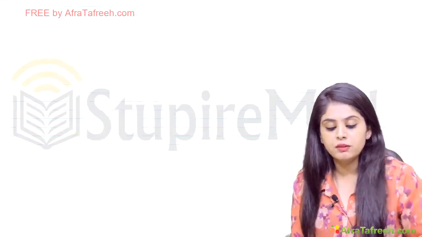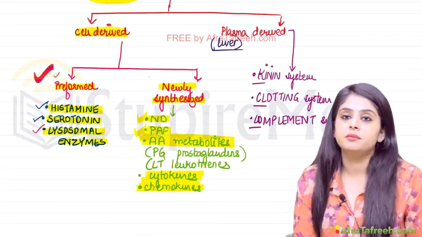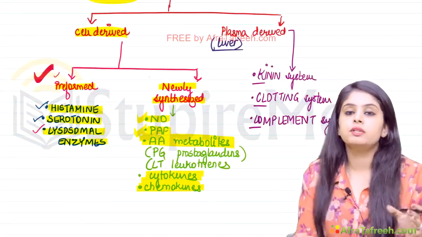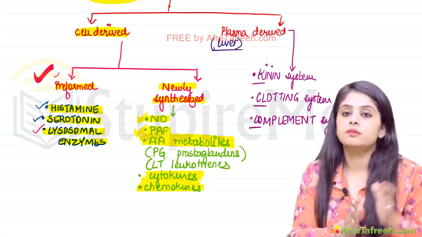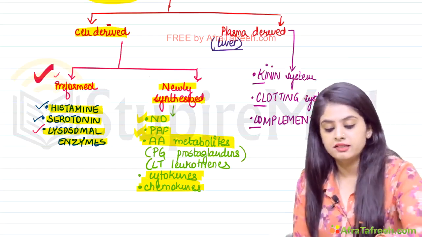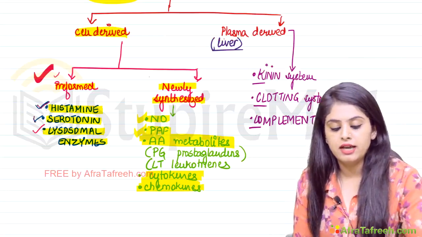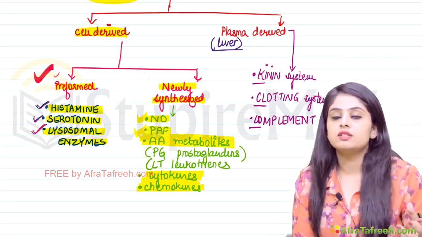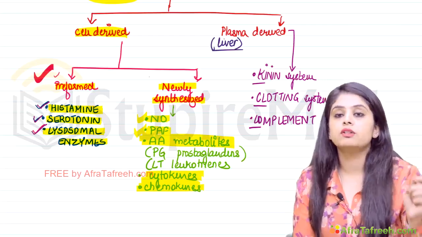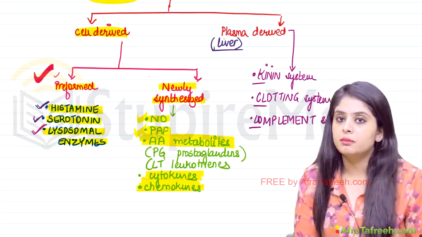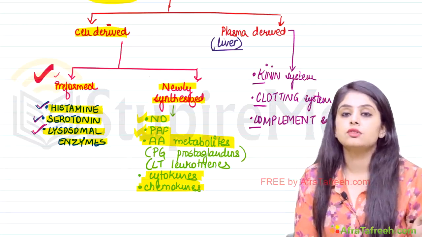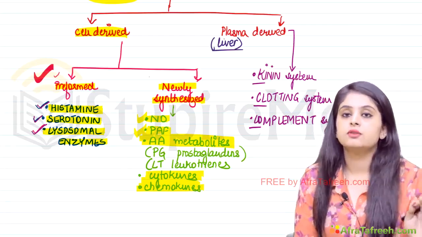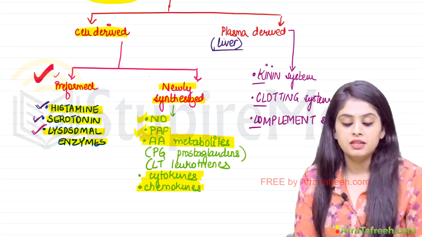So students, this was about the cell-derived mediators. Now if you focus, we did two categories. One was preformed, where we had histamine, serotonin and lysosomal enzymes. If we want to do one or two quick questions, then the richest source of histamine was a mast cell. The richest source for serotonin was enterochromaffin cells in the GIT.